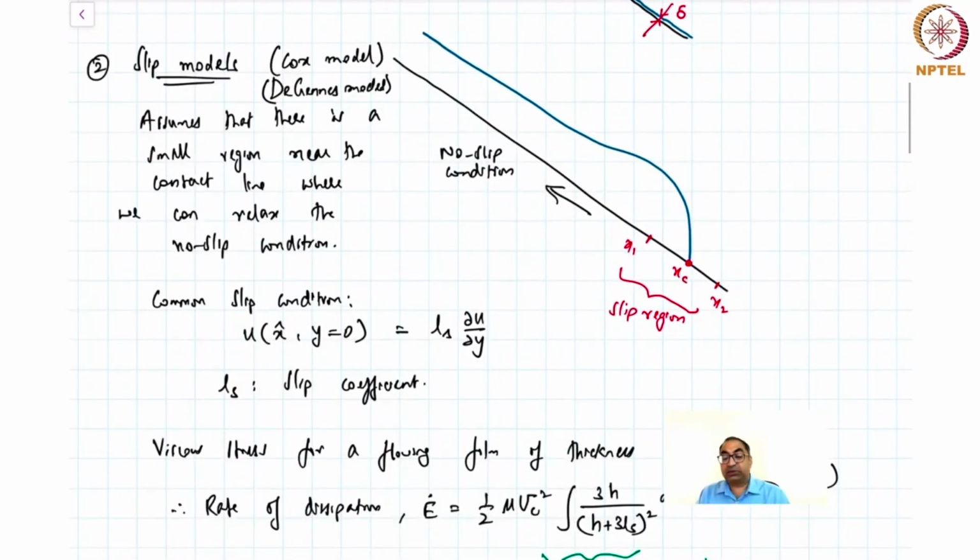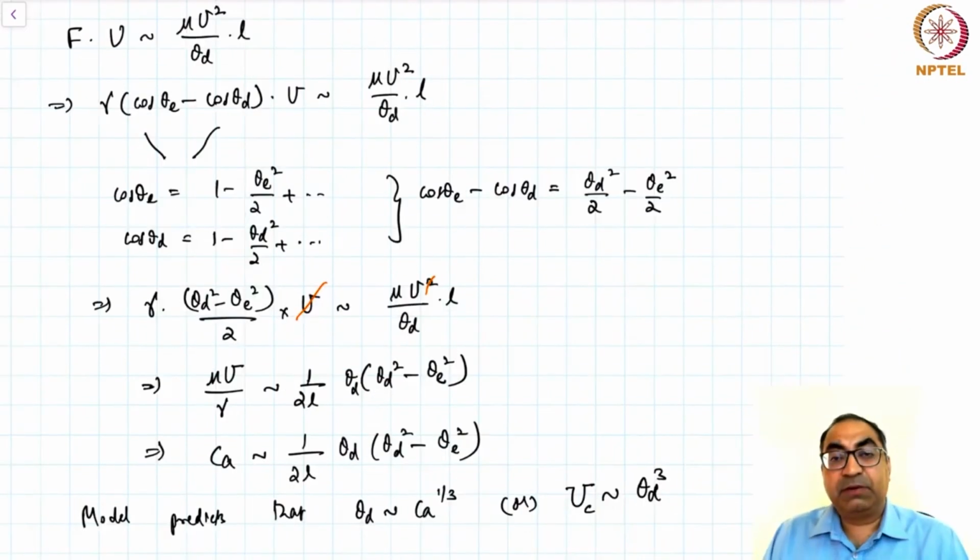The Cox model does not require this angle being small. Of course, there are more generic models which can be applied to a much wider range of angles, but they also come with sufficient complexity. So I will not be able to go into a discussion of those models in this course.